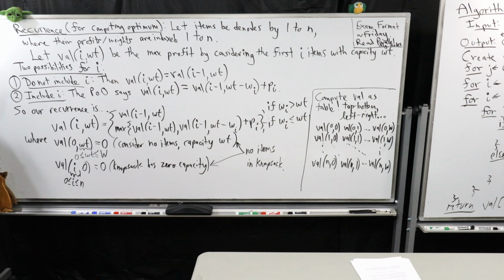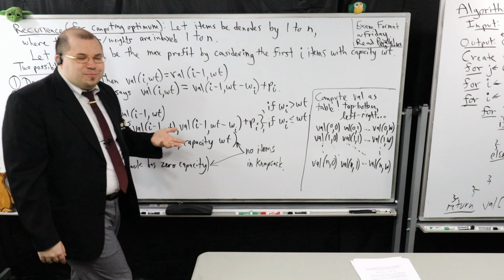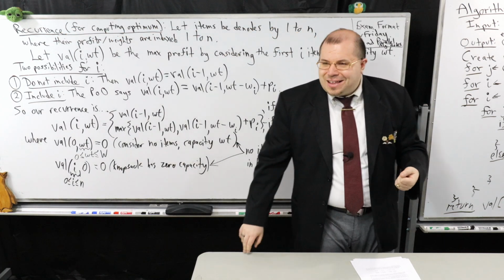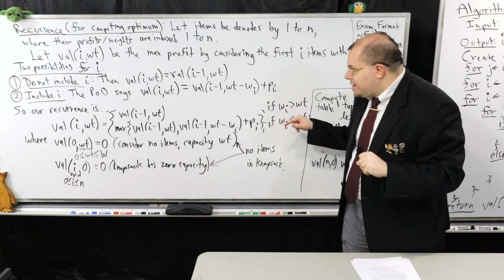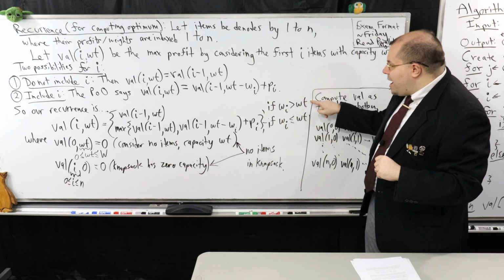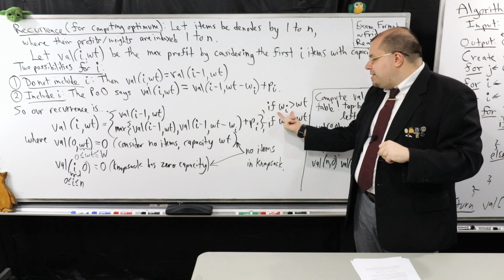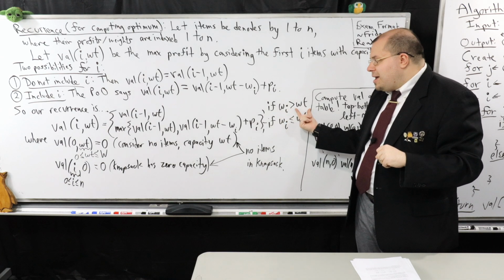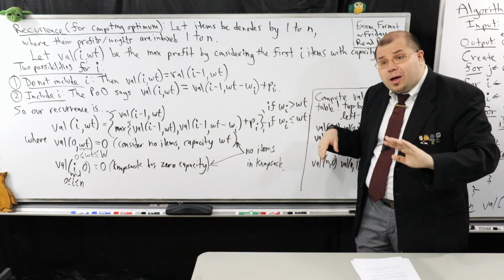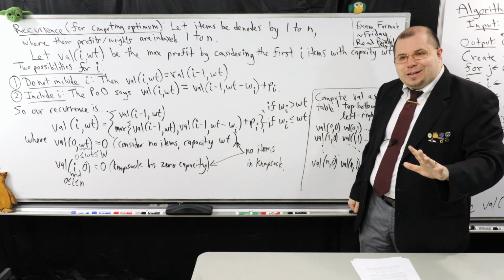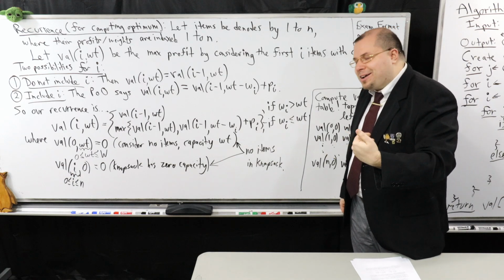So you might ask, okay, how are you going to formulate a recurrence that represents the computation of the optimal solution? Well, I now have all the bits and pieces I need. Whenever I have an item with a given weight that's too big to fit, I know right away I'm only going to consider the first I-1 items. I would not put in item I, because item I's weight is too big.